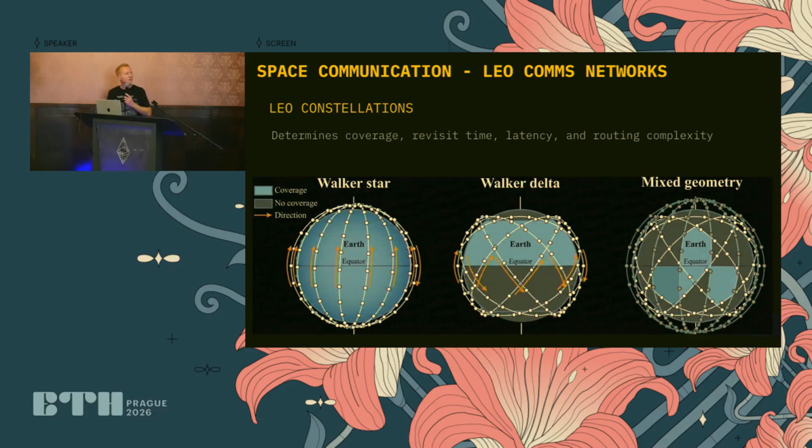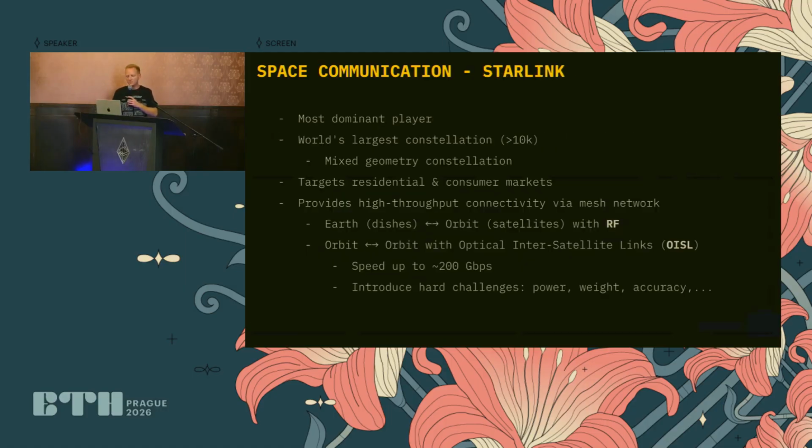On the left, you have the Walker star with good coverage of the polar areas as well. And you have Walker delta, where you can see the poles are less covered. And you have a mixed geometry, which is both of them.